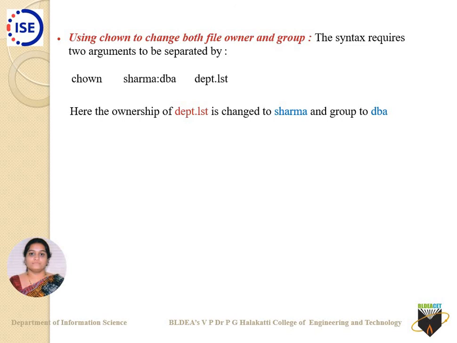So the first argument tells you the owner name, the second argument tells you the group owner of that particular file called dept.lst. You need not execute it as two different commands there. Even the same chown itself can be used to change both things of a particular file there.